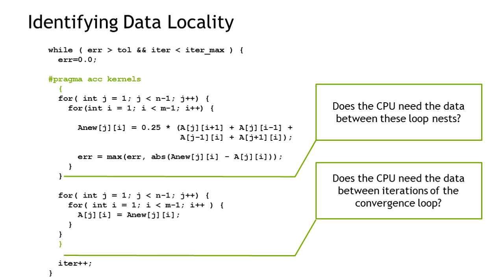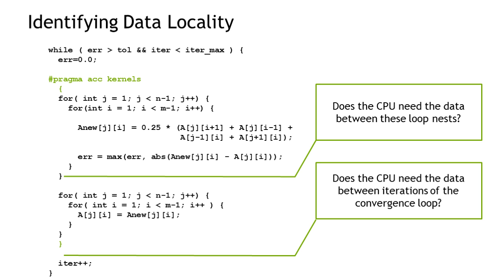The compiler knows that because I have this kernels region, so it knows everything possible about the region enclosed within the kernels. But as soon as that kernels region ends, down at the bottom, it can't determine whether or not I'm ever going to need the results back. So it has to assume I will.